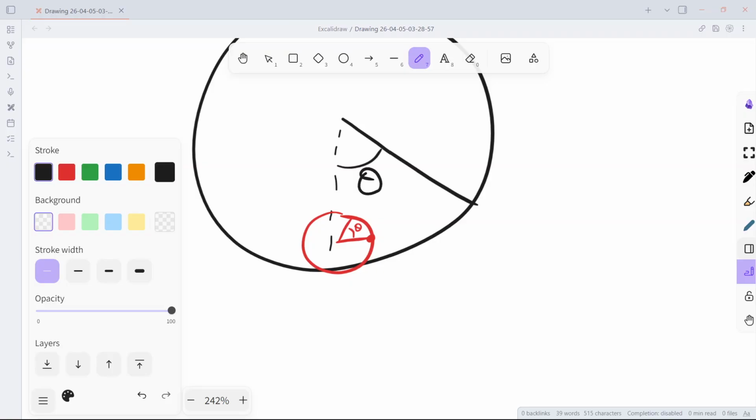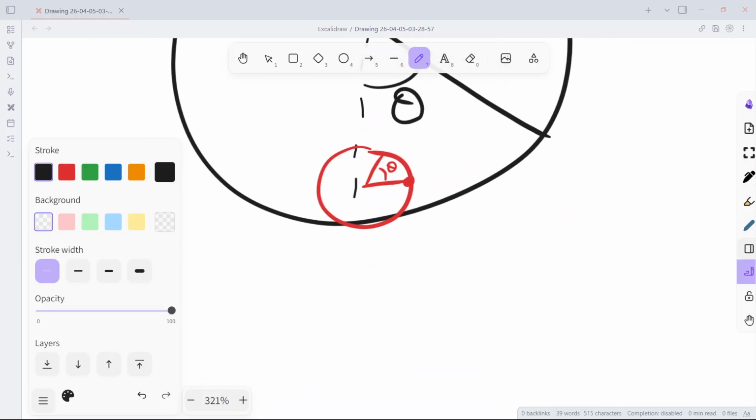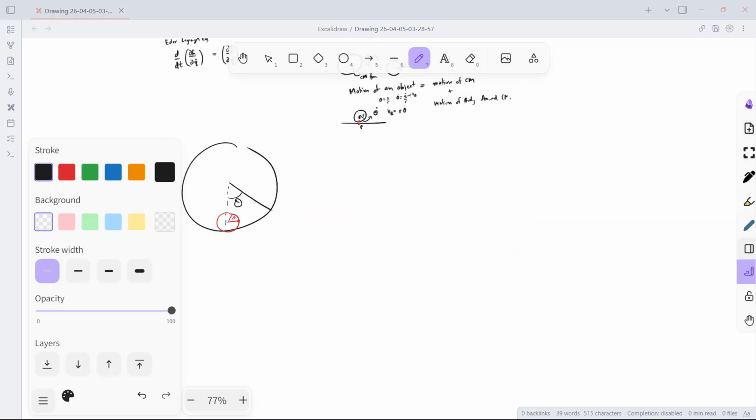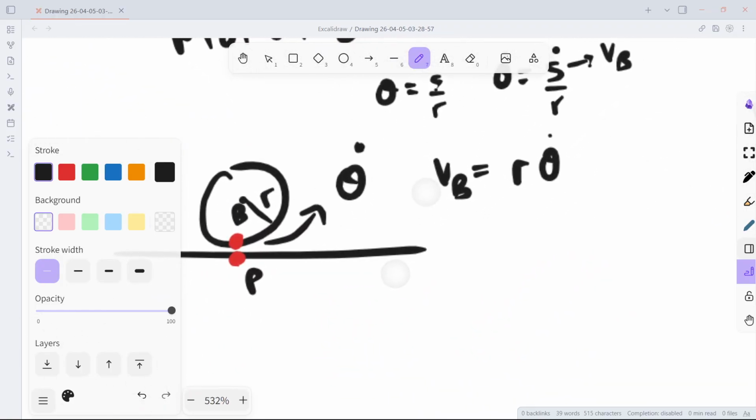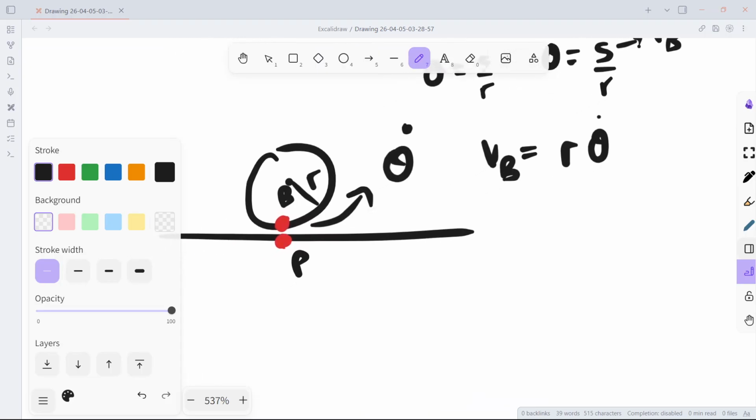Now, for this ball alone, if you look at the thing here, okay, I think I got it. The point here, the center of mass, is moving at a velocity v.